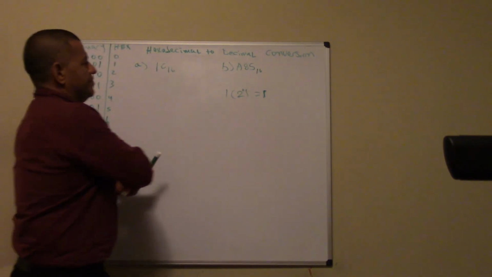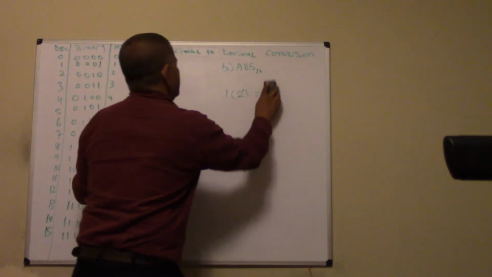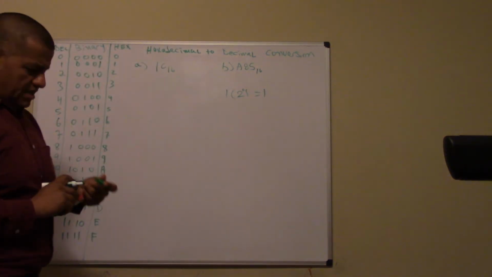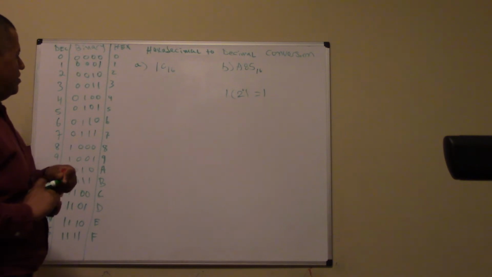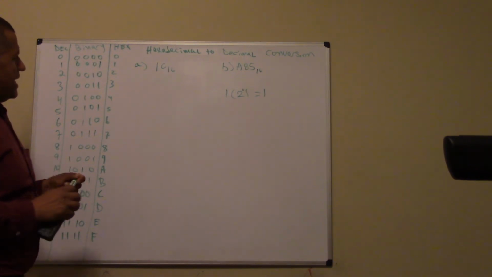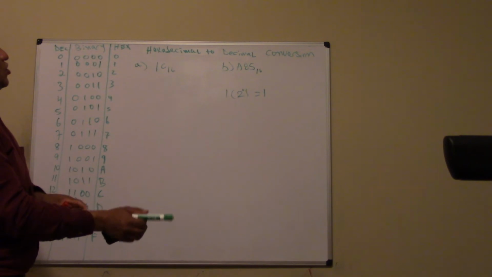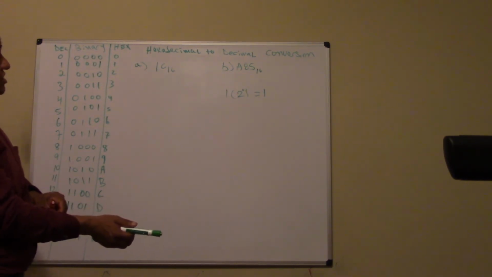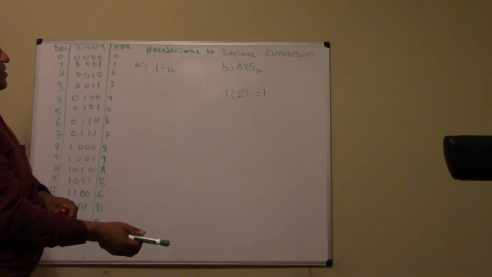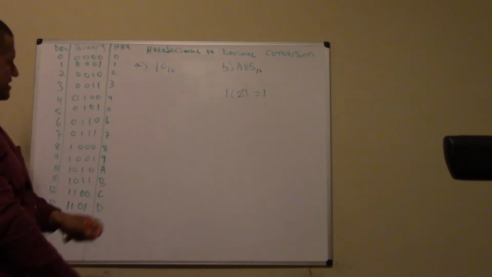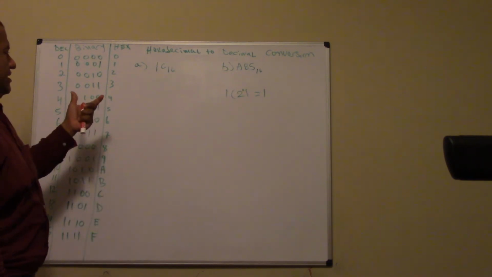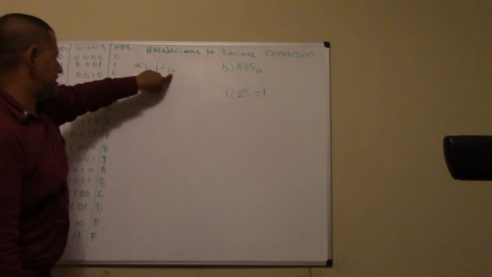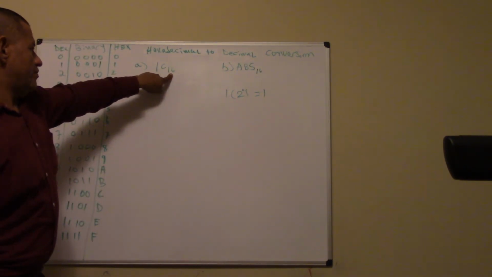So it's the same concept here, right? Any number to the 0 power in this case is going to be multiplied by that number, by 16, right?